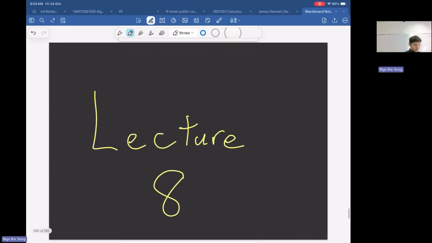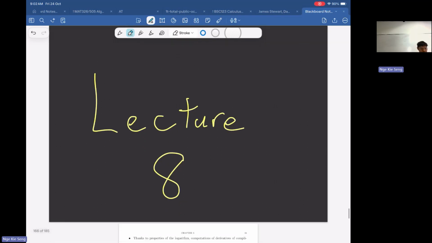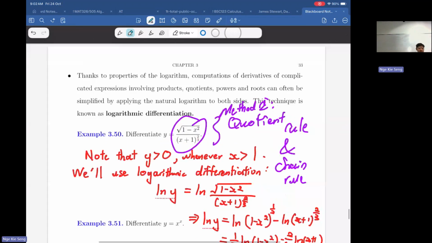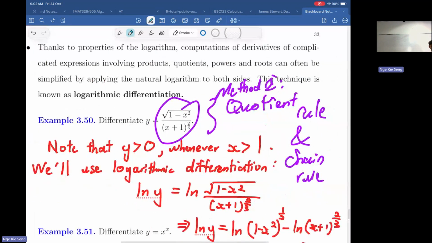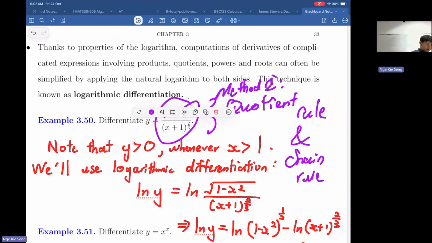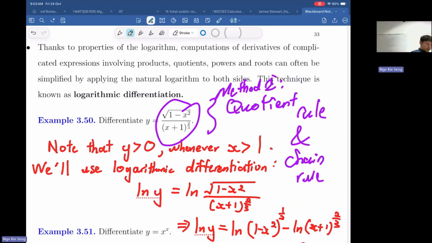Okay, so we'll continue with implicit differentiation, in particular logarithmic differentiation. Last on the Wednesday we differentiate this, but there's a slight mistake here. Can you see that when this square root function is defined? A square root function is defined when it is non-negative.